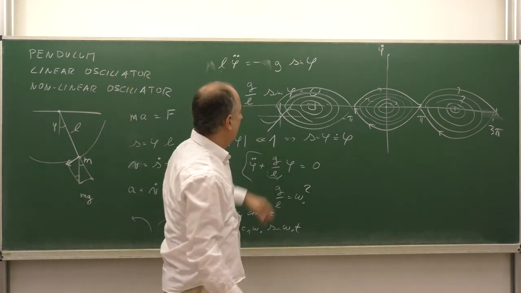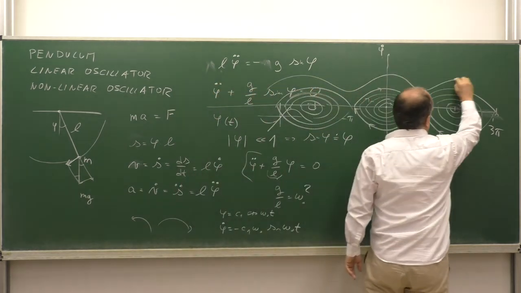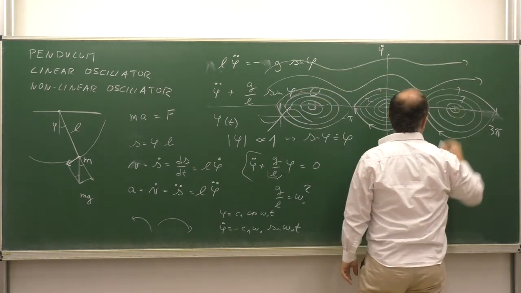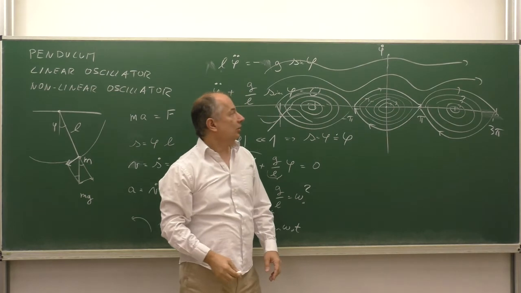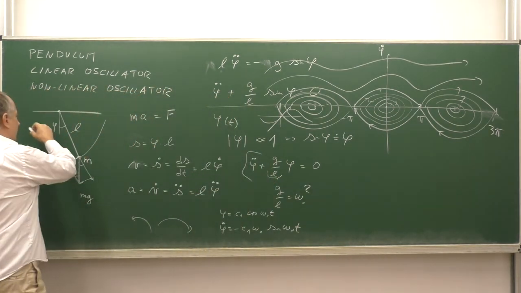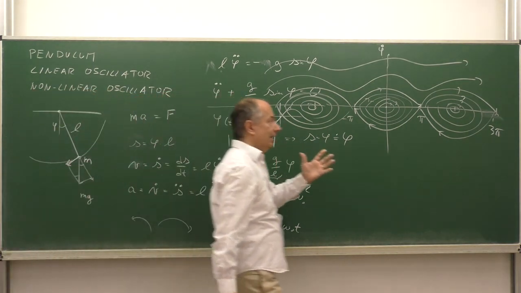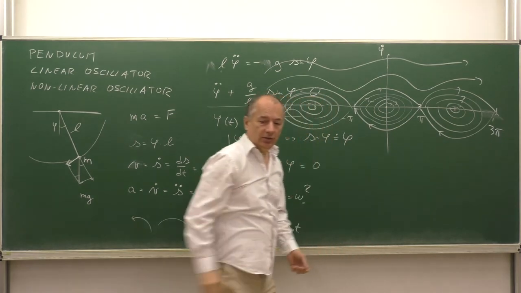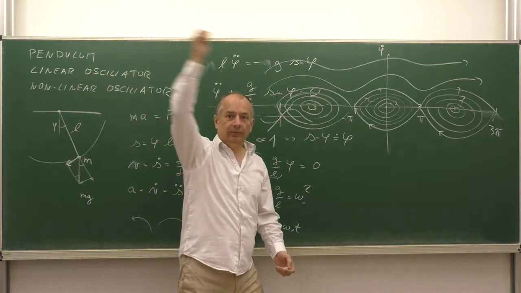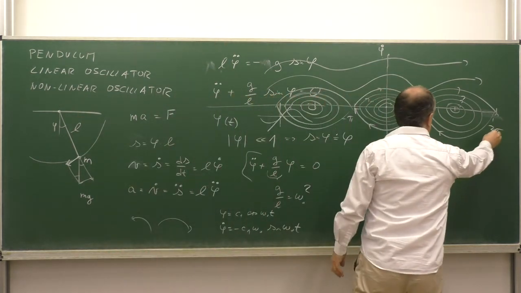And this can be visualized here by a trajectory like that, rotating in, say, the positive direction, and then instead of going this way, we can also go this way. And this corresponds to curves like that.